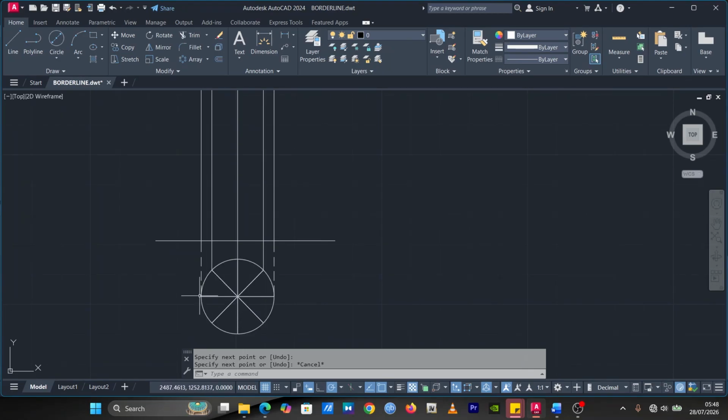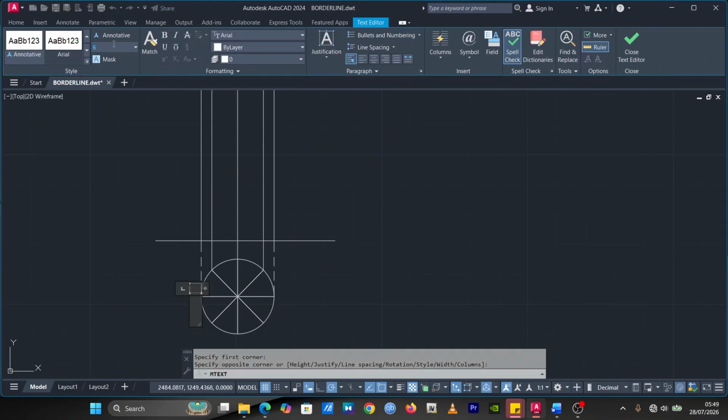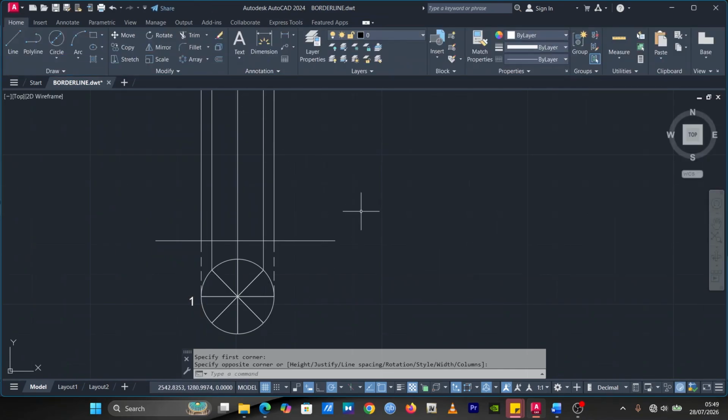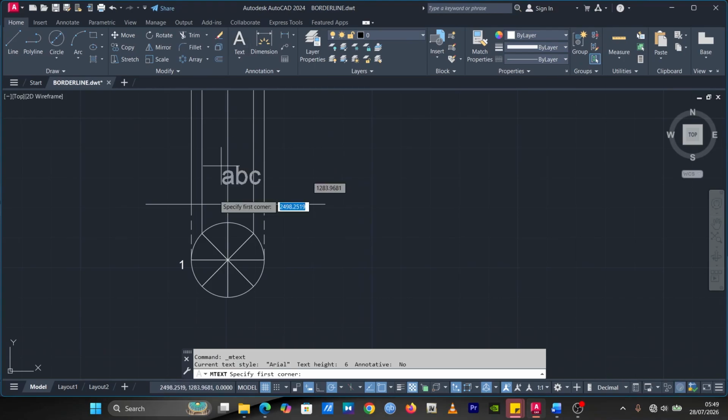So we are going to have 1, 2, 3, 4, 5, 6, 7, 8. So you pick your text tool, you stand here. Over here you input, let's say 3, the font size should be 3. Then you start with 1. Let's first write our numbers, after that we arrange them.